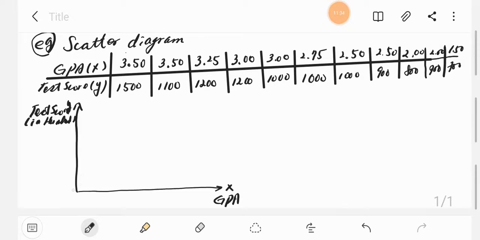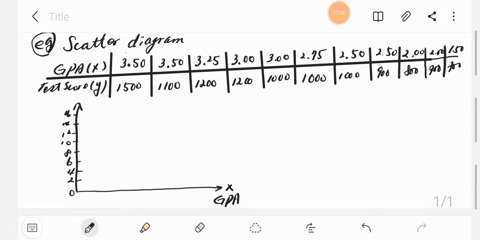Let's say 2 represents 200, 4 is 400, 600, 800, 1,000, 1,200, 1,400, 1,600. Let me erase a little bit. So this is equal to 1,400, this is 1,600, right?